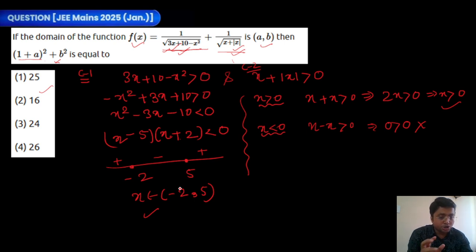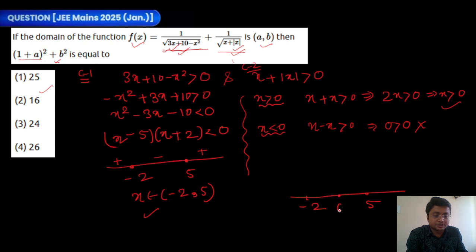Now you will take the intersection of these two. Let us take the intersection of case 1 and case 2. First minus 2, then here it is 5, and now 0.